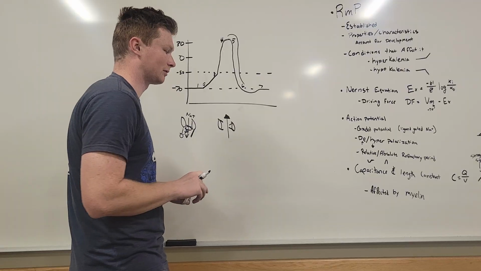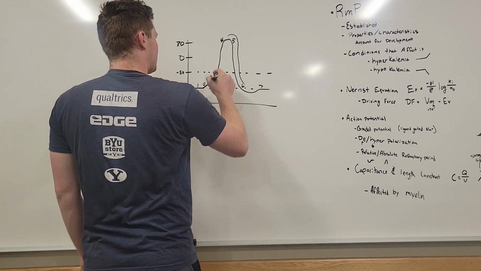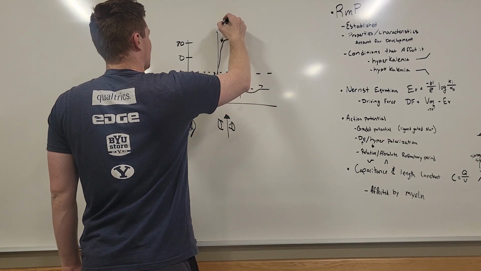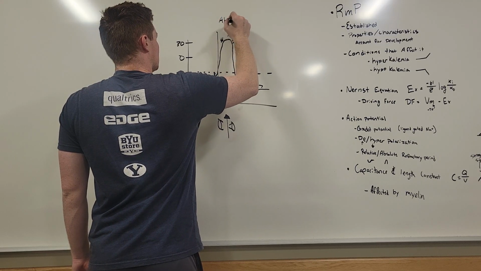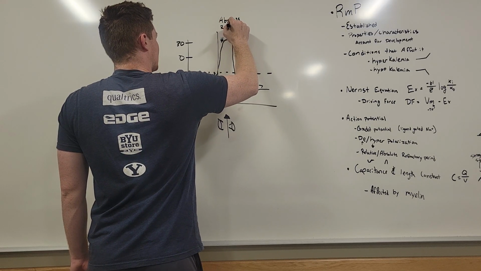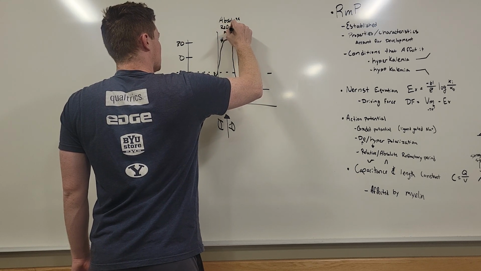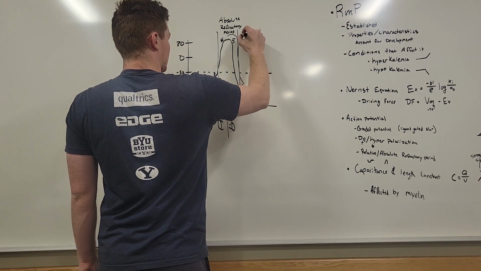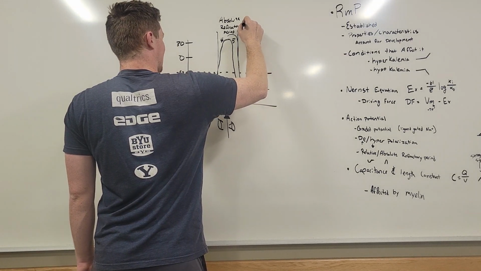We've got 2 different refractory periods, relative and absolute. So absolute refractory period, about right here. So this is an absolute refractory period. And then this right here is a relative refractory period.